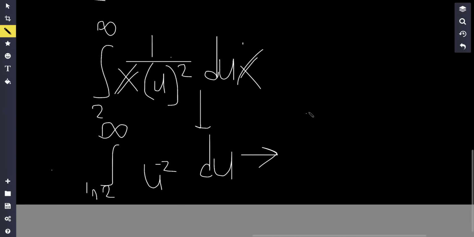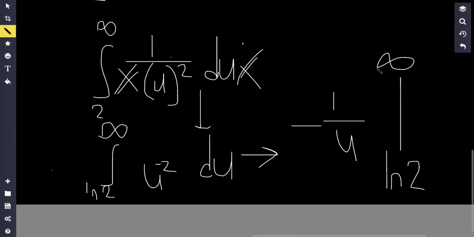Now we can do u to the negative first power, it's going to be negative 1 over u, and this is going to be from ln of 2 to infinity.